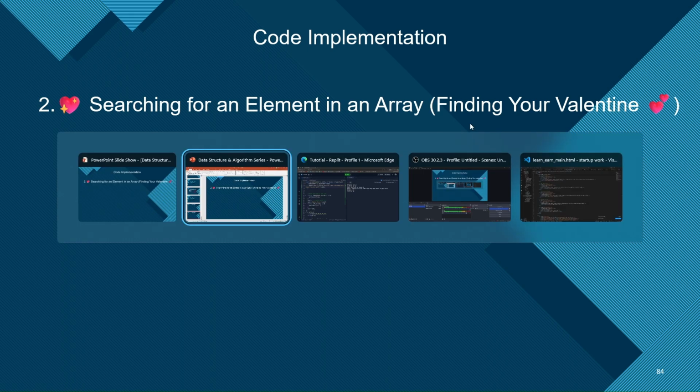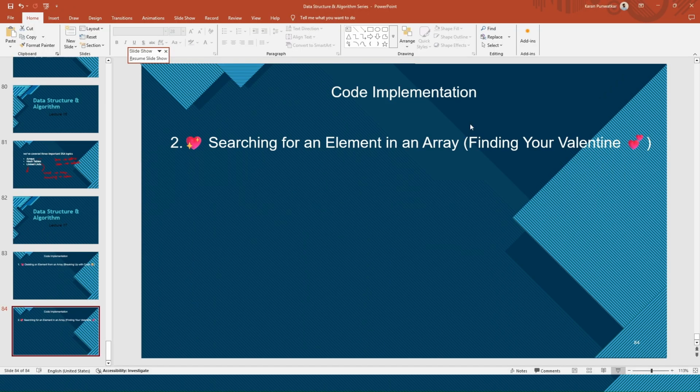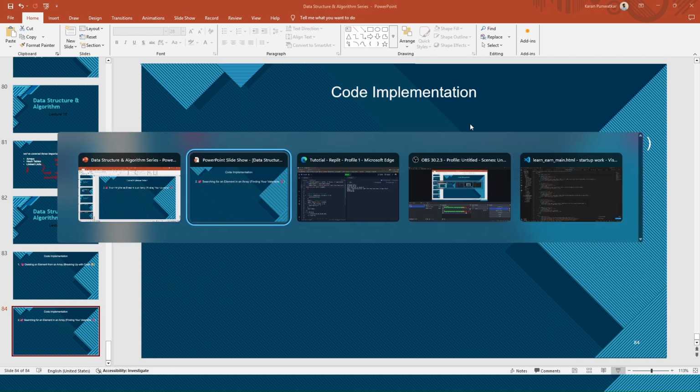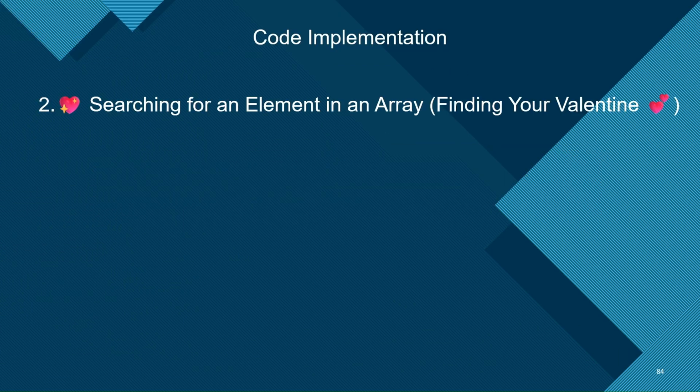So let's directly go toward the editor. First I will clarify the methods, like what exactly is working. Okay, so that is the name of the Valentine that you want to find. The first one is the name of the person, that you have to provide.